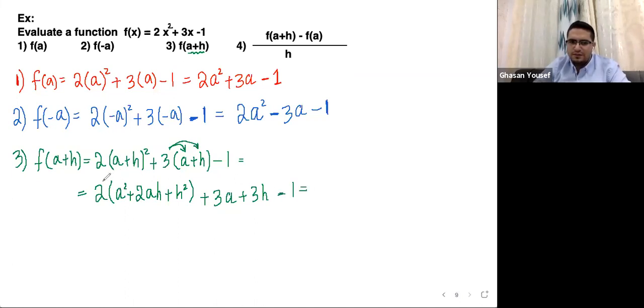Now let's distribute the 2 inside the parentheses. I get 2a squared plus 4ah, because 2 times 2 is 4, plus 2h squared. Now I get plus 3a plus 3h minus 1. We can simplify it more.